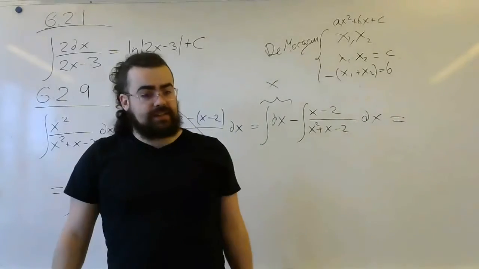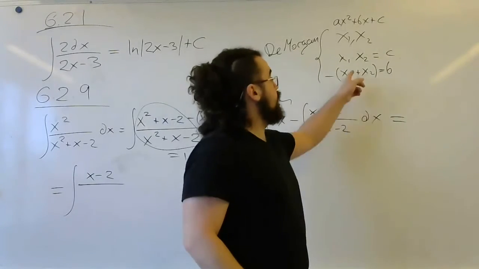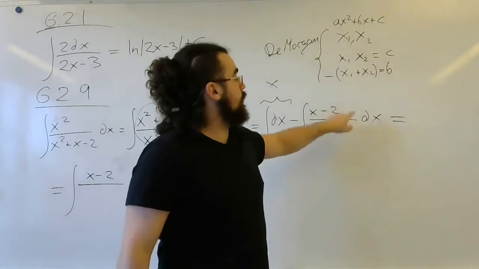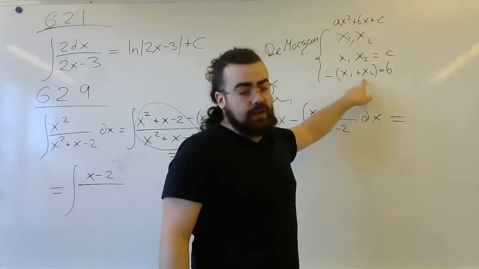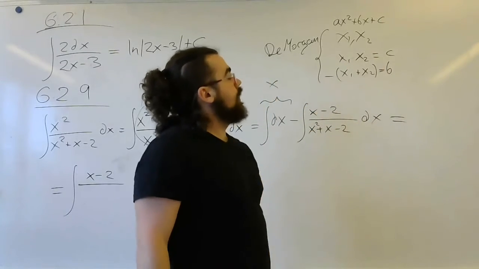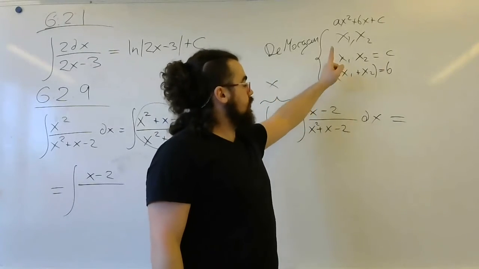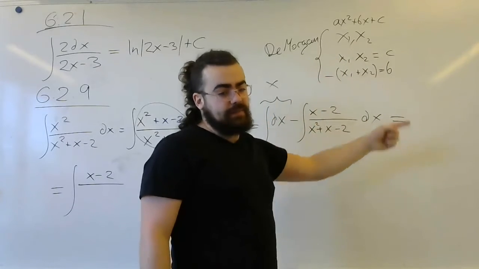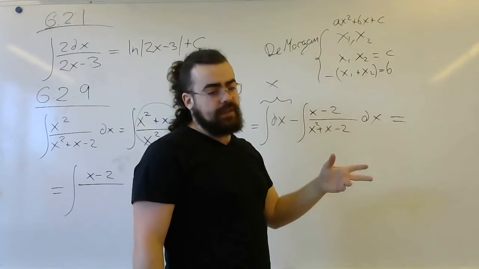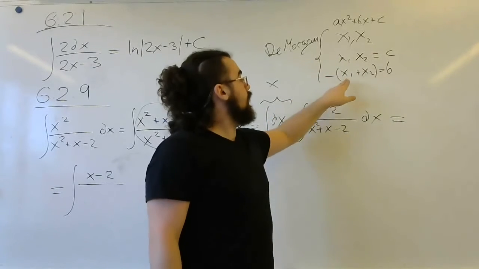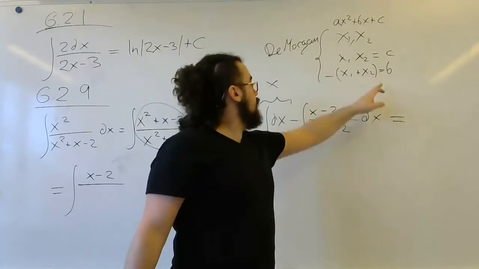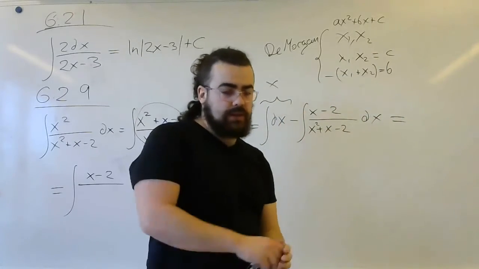In our case, you have polynomials such like that. The product of the roots is the independent term, and minus the sum of the roots is the term in x. In our case, we are looking for two numbers such that if you multiply them, their product is minus 2, and if you subtract them, the result is 1.